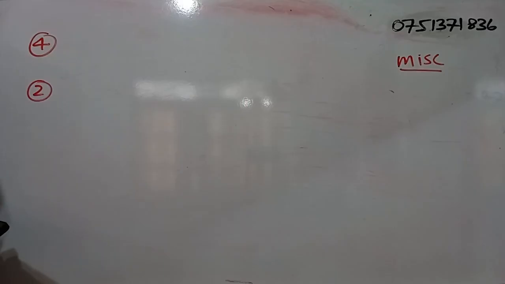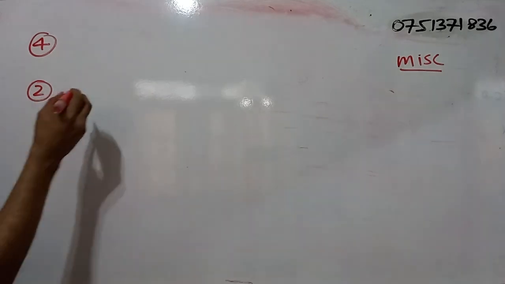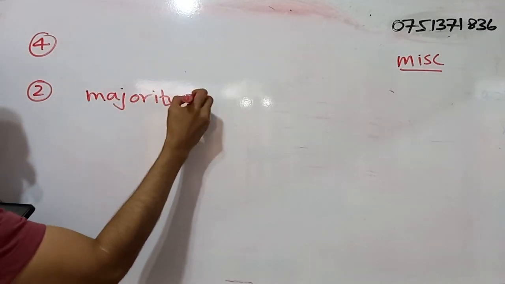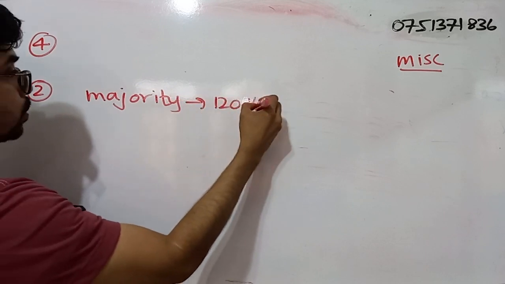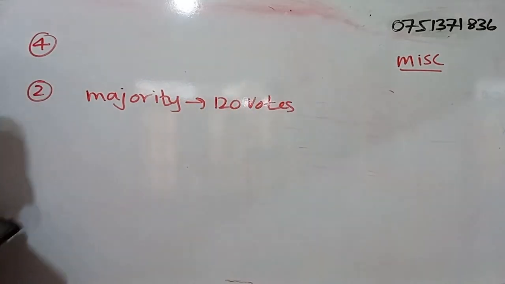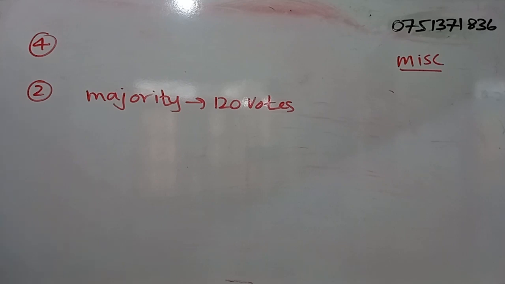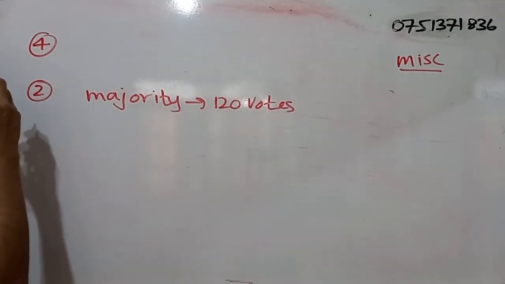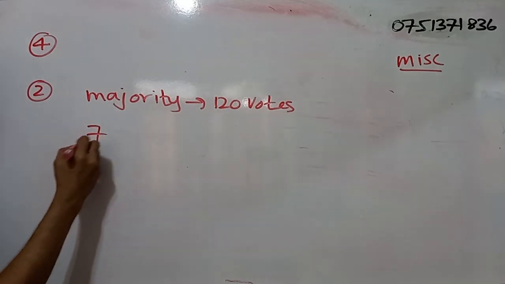Right? How many registered voters were there? The majority, that is what? Majority, that is 120 votes, no? That means the winner got the amount of votes as a fraction, 7 by 12.